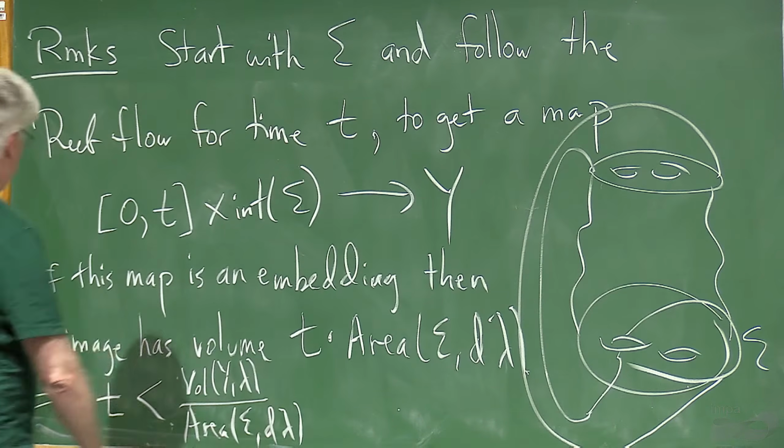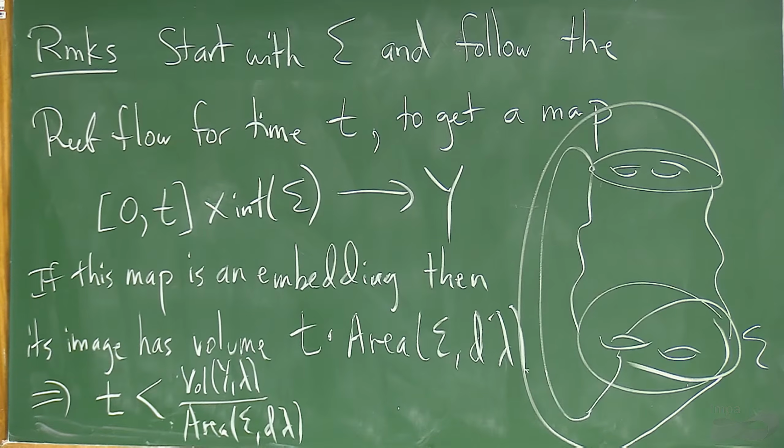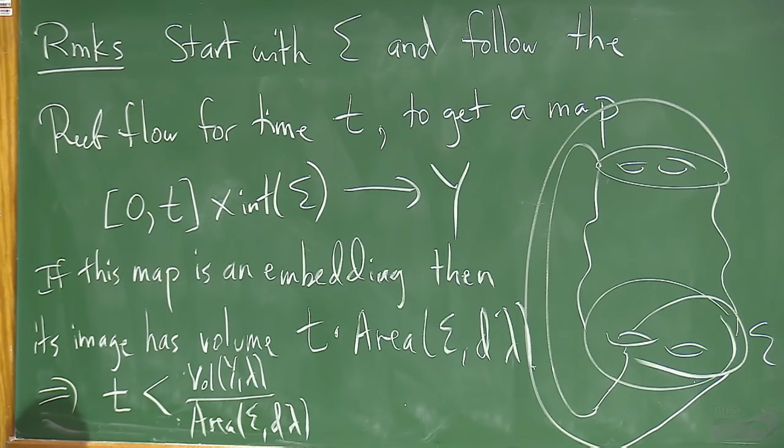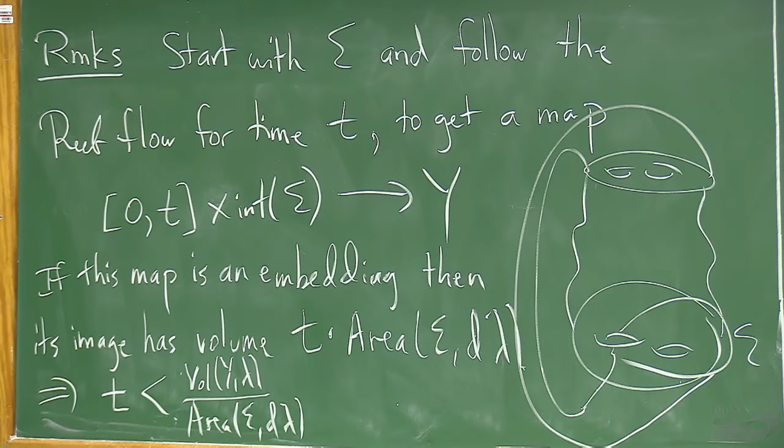Anyway, if it's an embedding, then the frequency of intersection of any orbit has to be at least 1 over T, because you can go for time T, and there's no way you can close up to a periodic orbit.